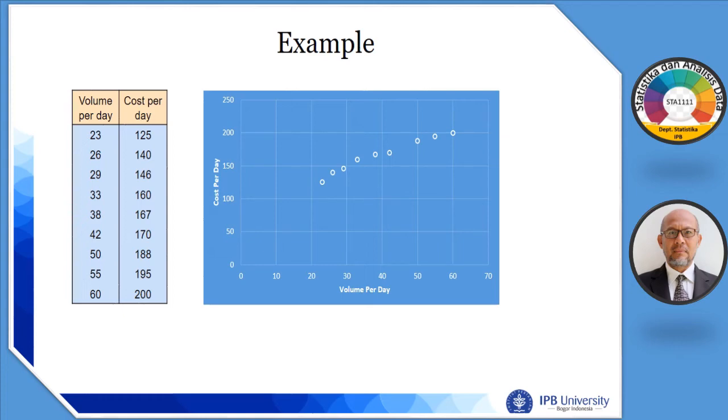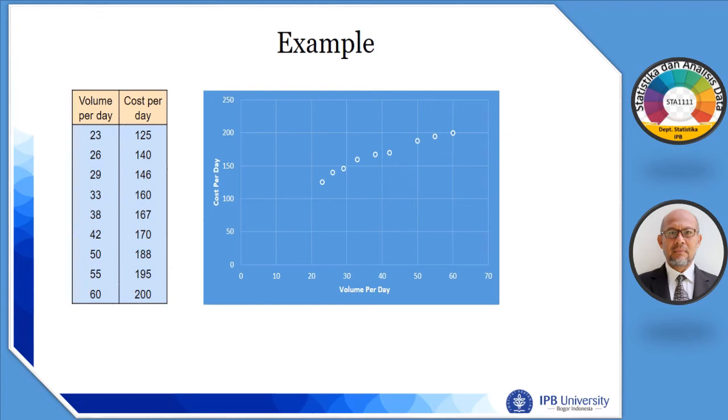The second column is expenditure for advertisement, right? Do you remember? So, for example, if the expenditure is 125, then the items sold is 223. We have 1, 2, 3, 4, 5, 6, 7, 8, 9, and 10 pairs of data.